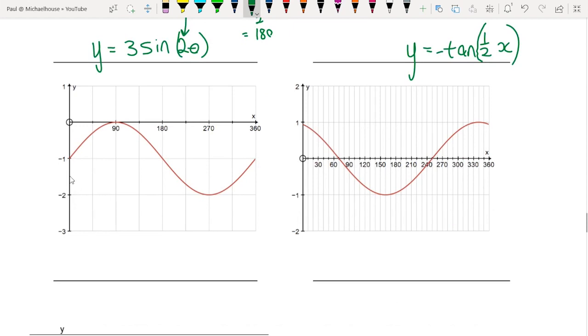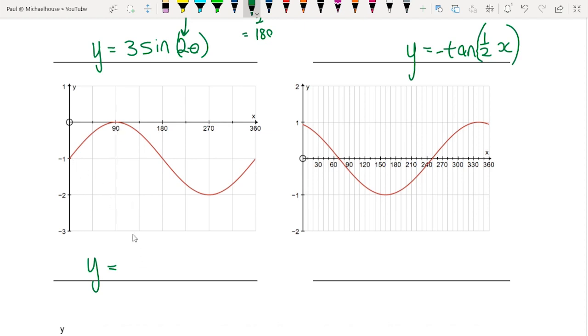Okay, this next one, the period seems unaffected. To me, it looks like a sine graph. We could probably manipulate it and give an equation for a cos graph, because remember, sine and cos, you can move the one to become the other, all right? But I would go with a sine graph. The period hasn't been affected. The amplitude hasn't been affected, all right? The total height is 2, the amplitude is actually 1.